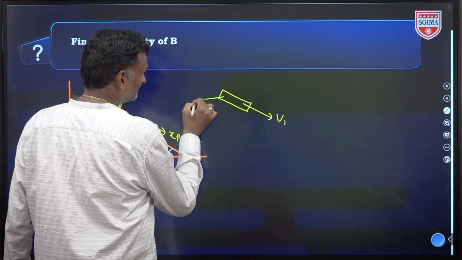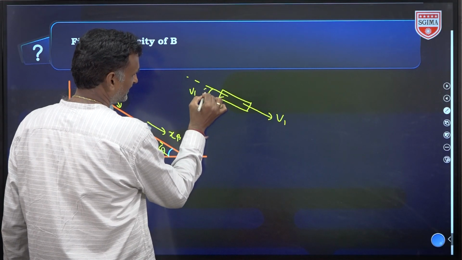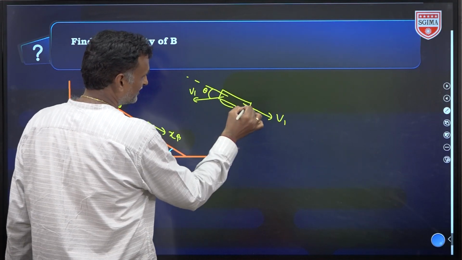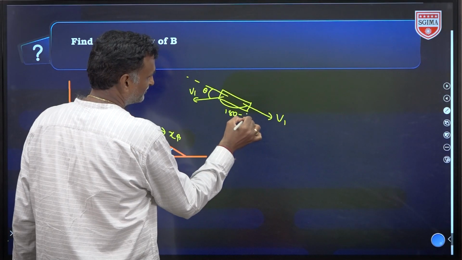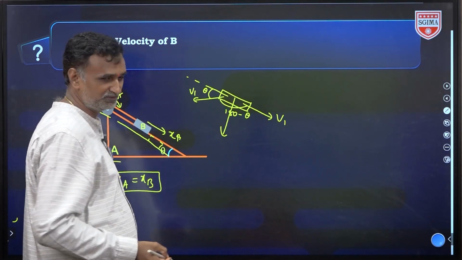So here in the left direction we have speed V1, and the other forms an angle theta, so this angle must be 180 minus theta, with the same V1, so the resultant acts exactly in the middle.